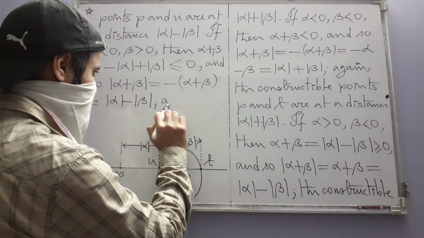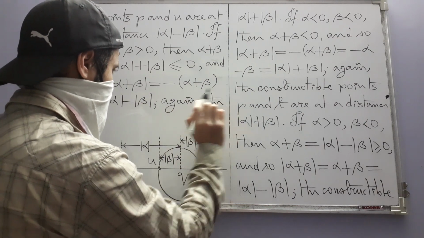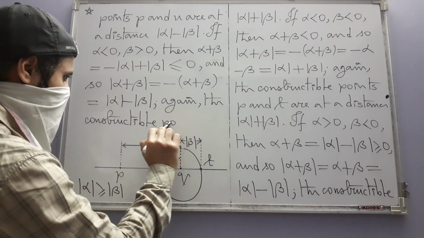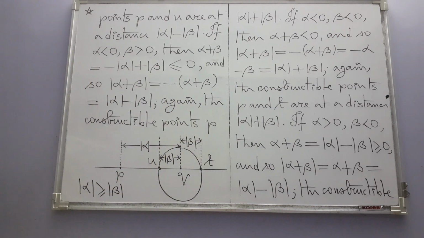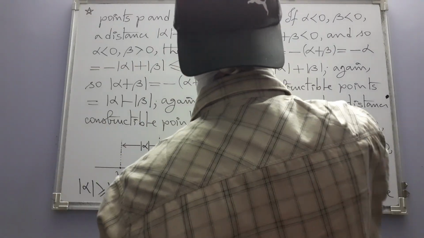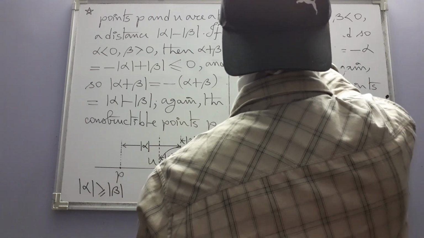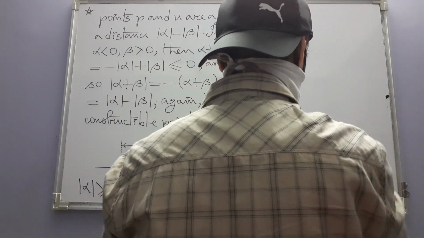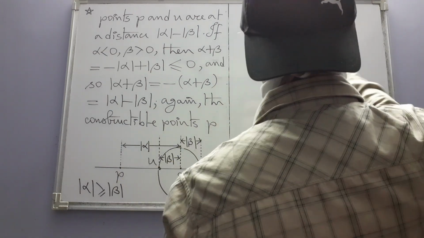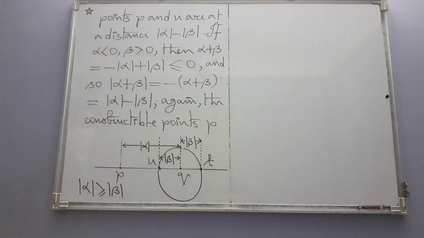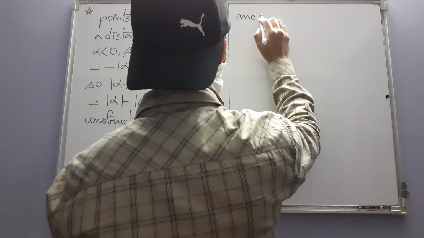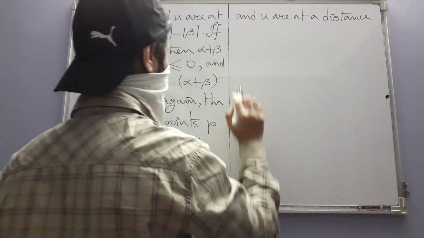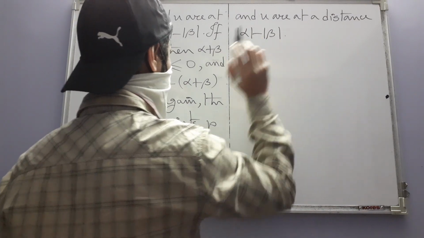Again P and U. Again the constructible points P and U are at this distance away from each other.